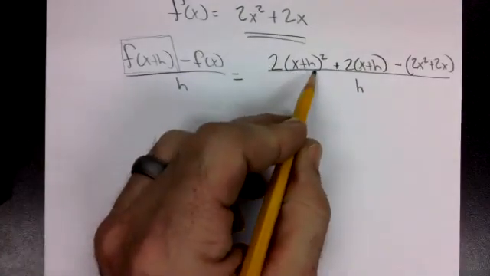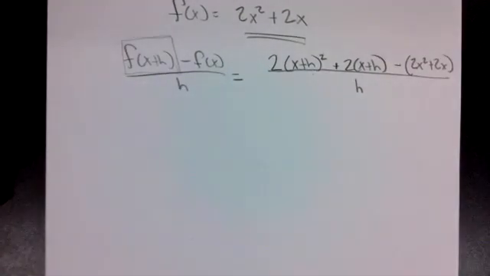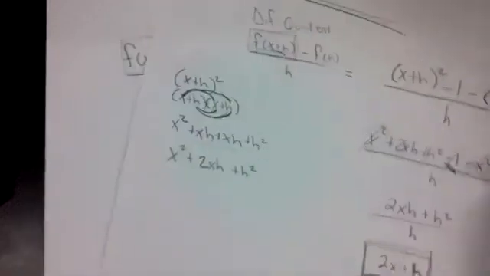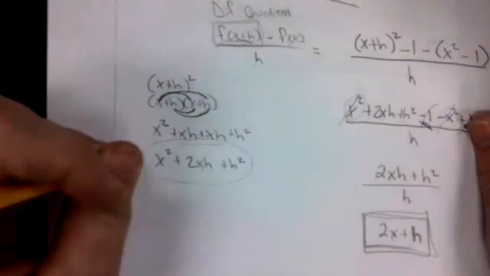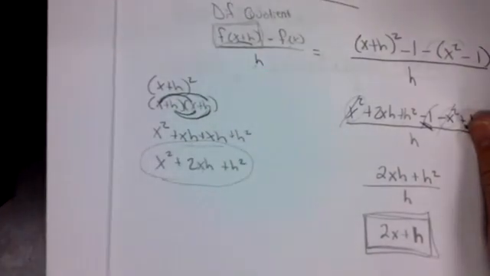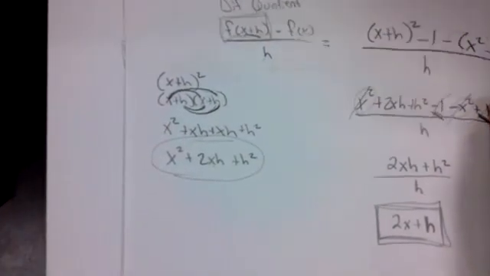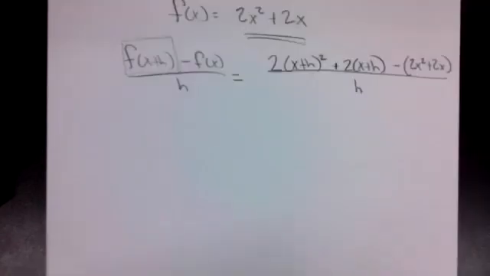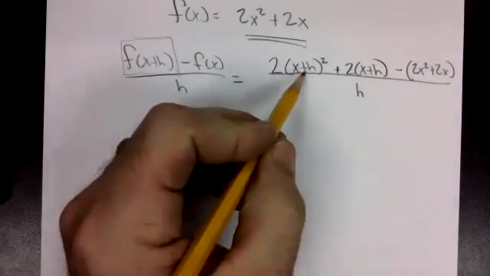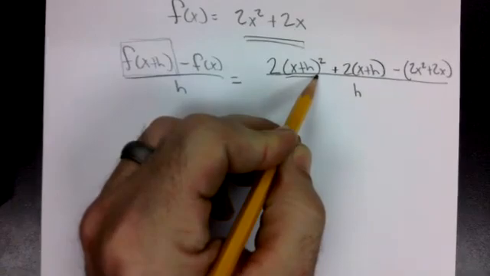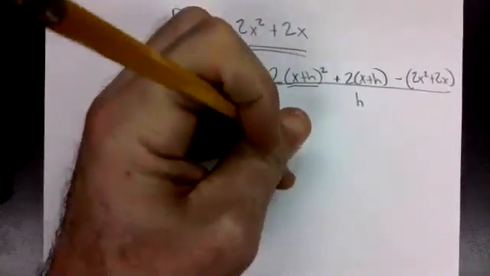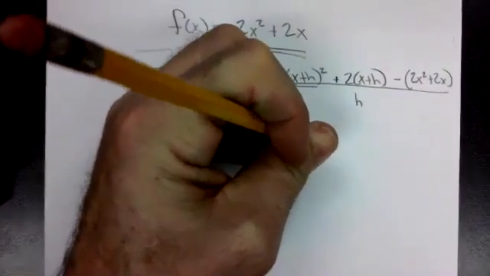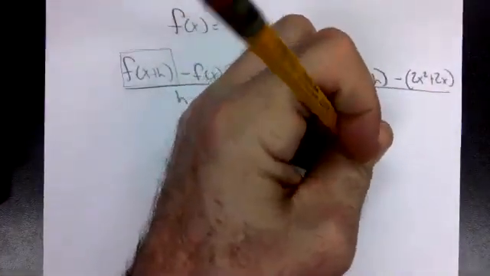Okay, and again, we did that x plus h squared before. So instead of walking through it again, I'm just going to grab this. So that x plus h squared, this piece, becomes that. So we get 2 x squared plus 2xh plus h squared. And then I'm just going to bring all this other stuff down.